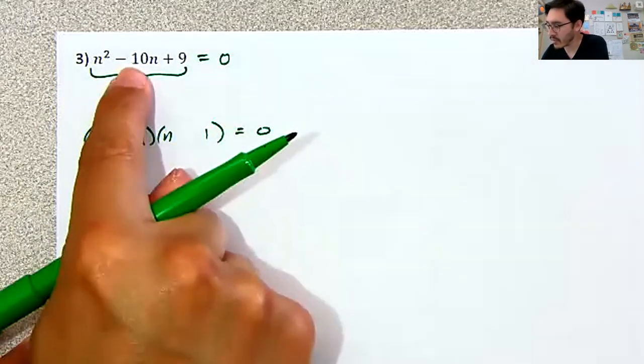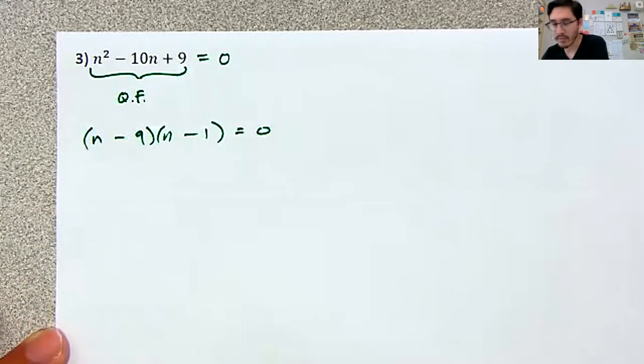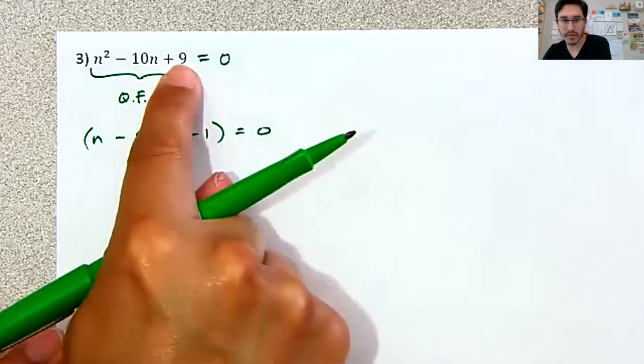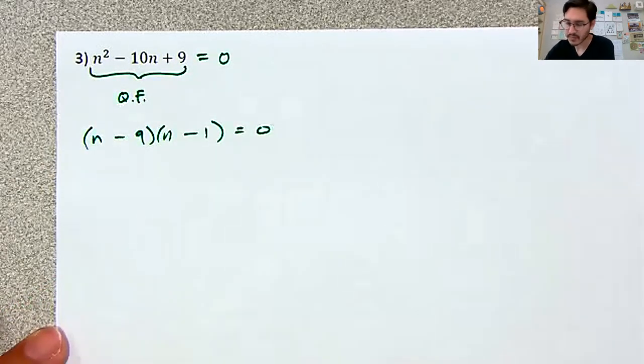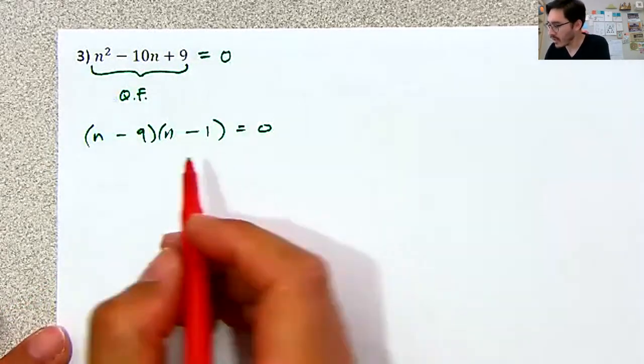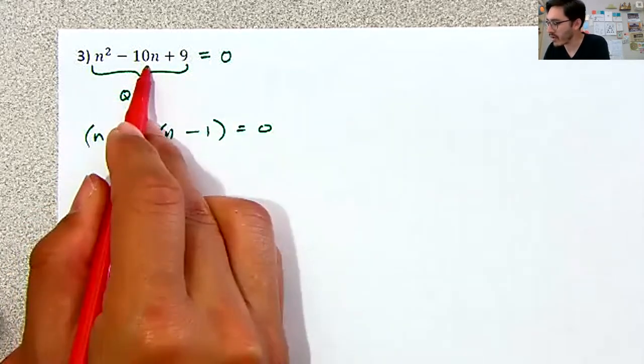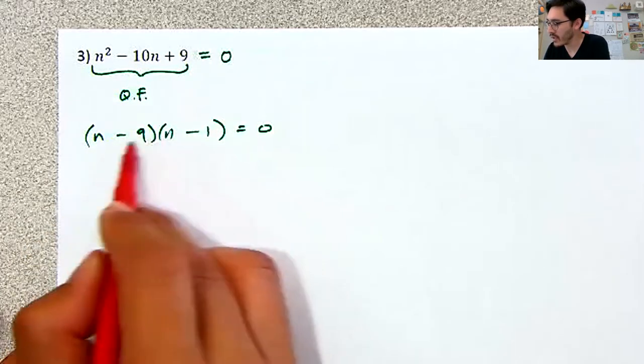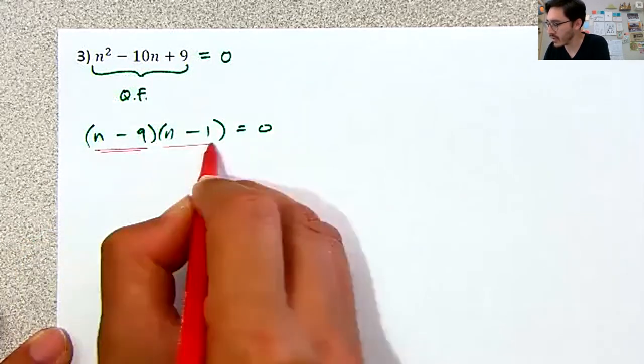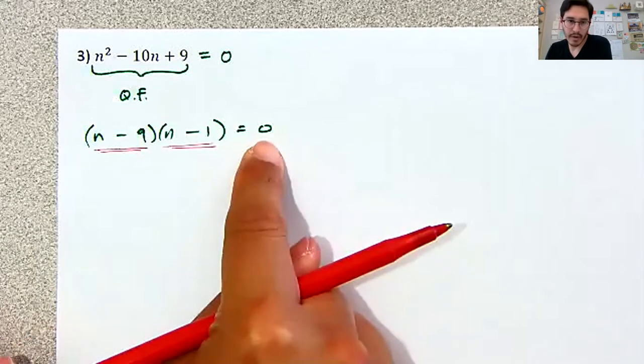And then since the middle term is negative, I think both of those have to be negatives. You can see a negative times a negative would produce a positive 9. Okay, anyways, I'm rambling here. So we factored our quadratic function into these two expressions, and the product is 0.